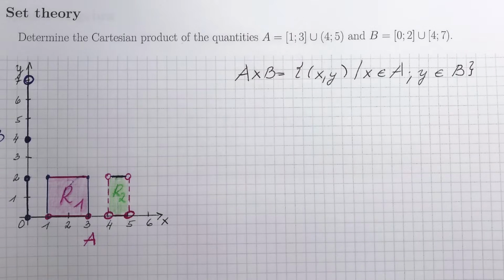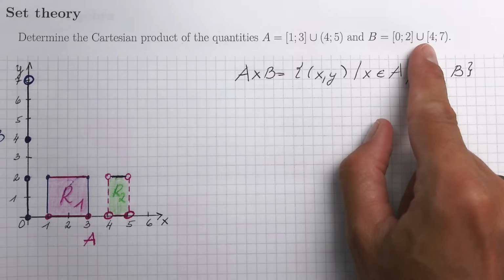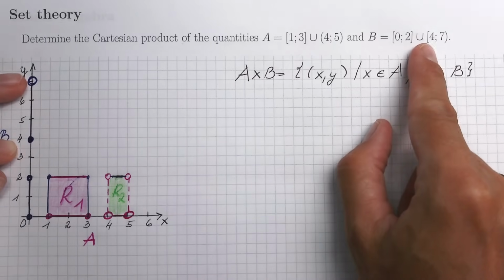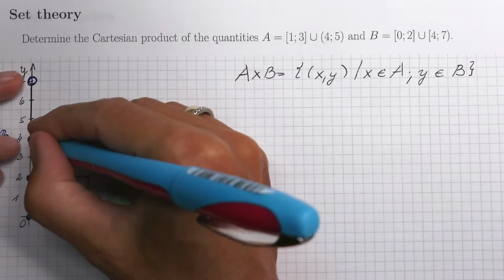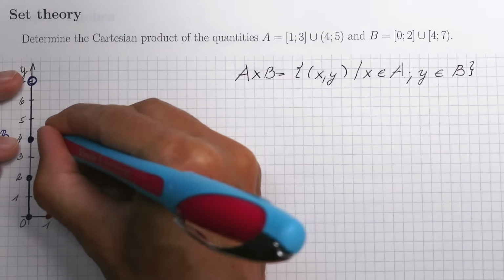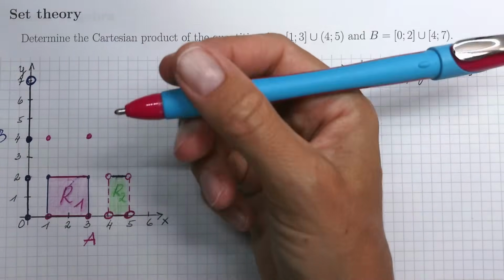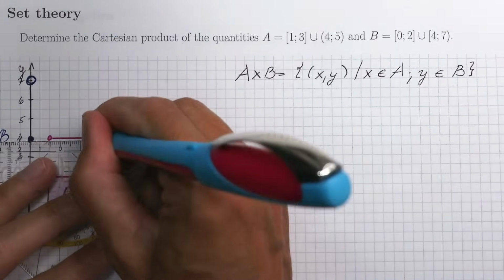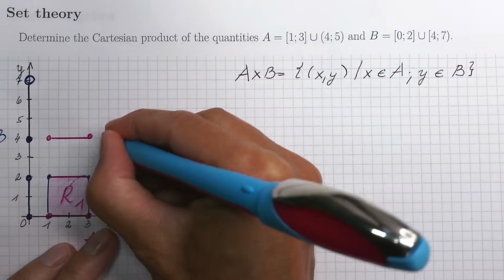Now let's move on. Now we have the other interval here between 4 and 7. Let's have a look. 1 is included, and 3 is included, so we have bullet points here. Here, 4 and 5 are not included, so we have circles here.